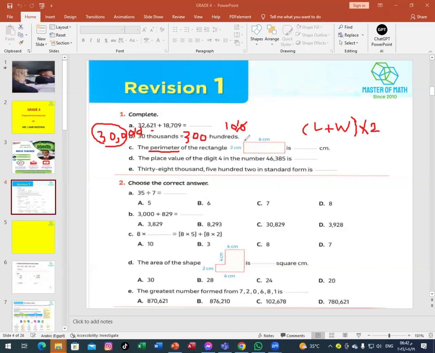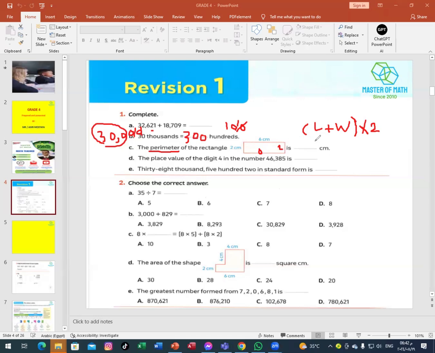L means length, the largest side, and width means the shortest side. The rectangle has two pairs of equal sides. This is 6 centimeters and the opposite is 6 centimeters. 2 centimeters, the opposite is 2 centimeters. So length plus width, all times 2.